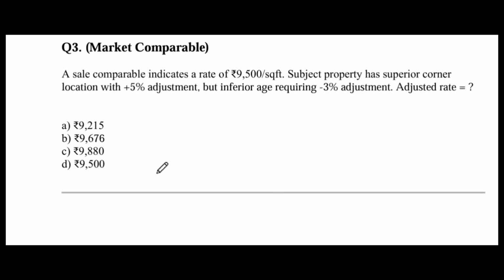Sale comparable indicates a rate of 9,500 rupees per SFT. The subject property has a superior corner location requiring a 5% adjustment, but inferior age requires a -3% adjustment. So what is the final adjusted rate? Can we just combine the adjustments?